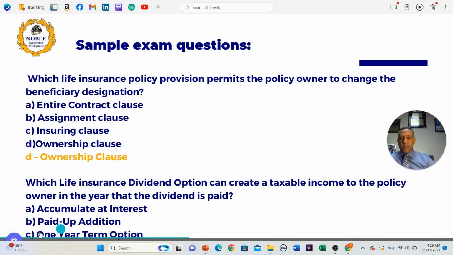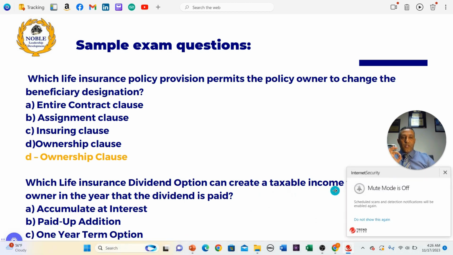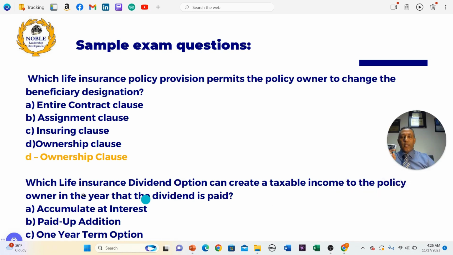Accumulation at interest, paid up addition, 1-year term option, and then the answer is accumulation at interest, right? So accumulation at interest is giving you a taxable income. So the interest is taxable, and it's taxable in the year that the dividend is paid, right? So in the year, because it's accumulation at interest.